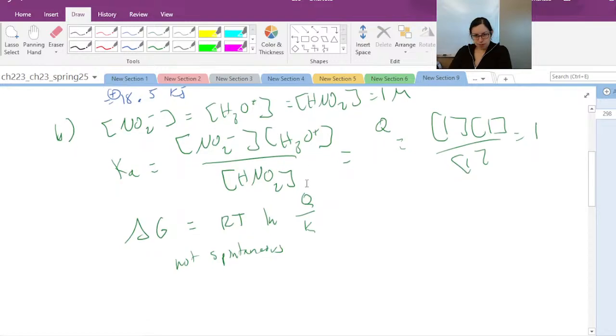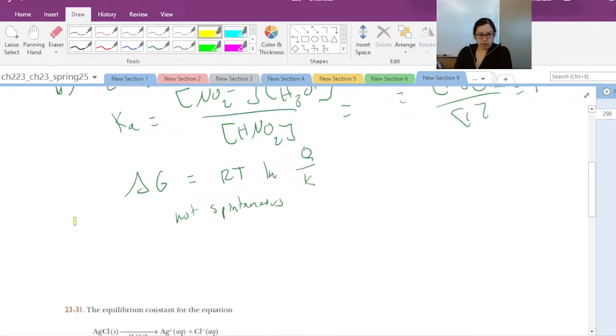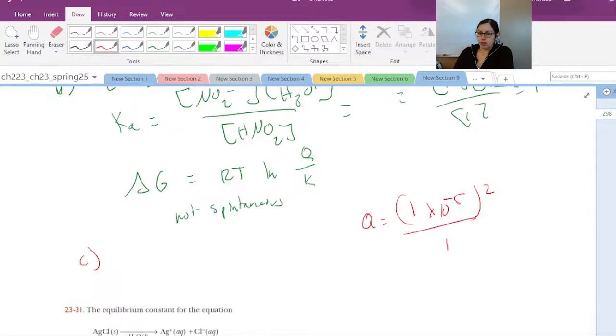Plug it into our Ka so we can get our Q. So Q is 1 times 10 to the negative 5th squared over 1 essentially. And so now plugging into delta G equals RT times natural log.